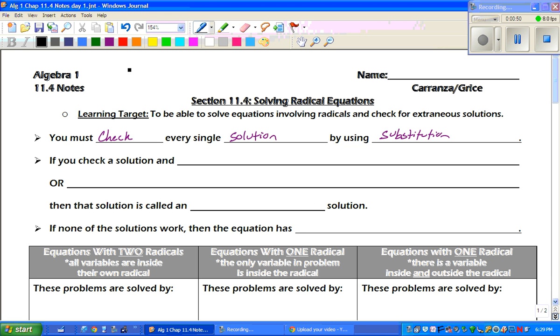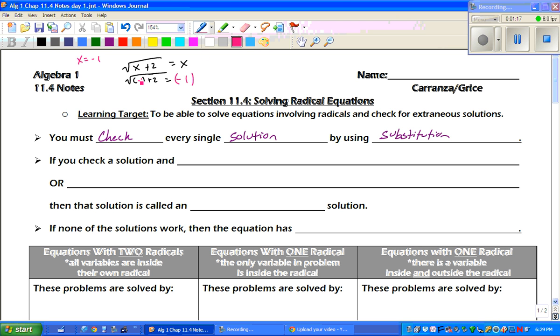Okay, so when we're talking about radical expressions, let's look at a problem like the square root of x plus 2 equaling x. We're going to learn how to solve something like this today. Let's say that x equals -1. We would need to check to see if that makes a true statement.